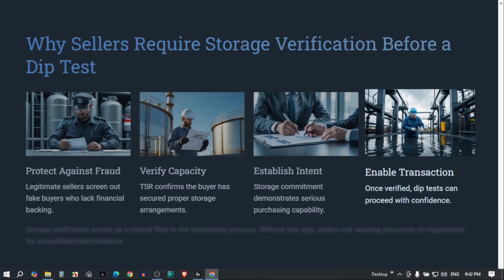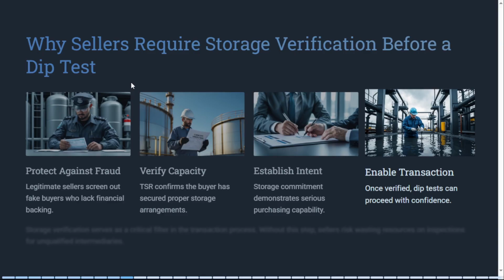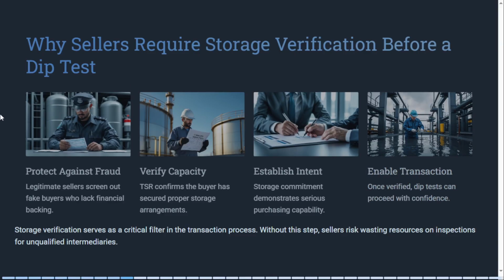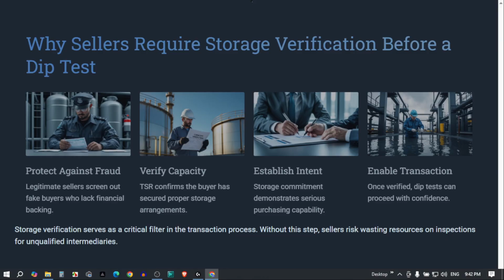Next point, here we can see that verification protects everyone involved by confirming that every party truly has the authority, documents, and assets they claim. You maintain the integrity of the entire deal.